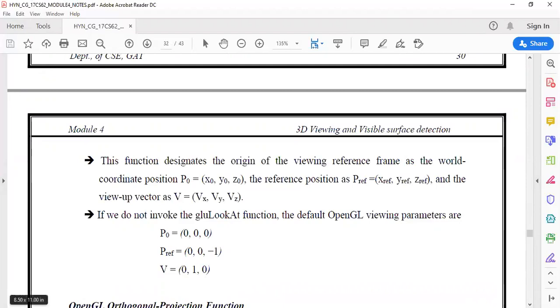If this horizontal is my x axis and this height is my y axis, then I am seeing from the front view. That front view we call the z axis. That is why we write P naught, my point at the origin, as 0, 0, 0. My reference point is my center of projection, from where I am seeing. This is my viewer's view, so the camera position.